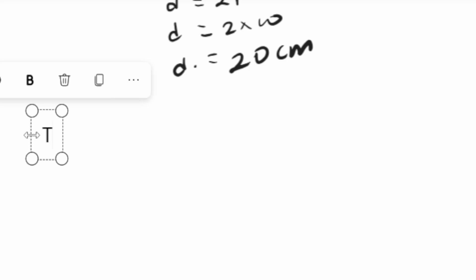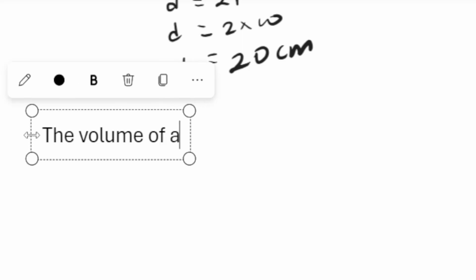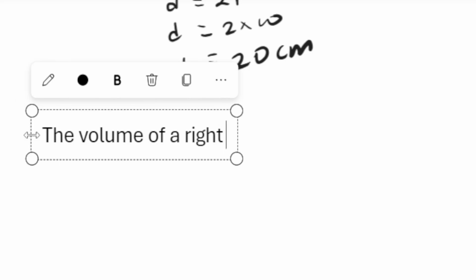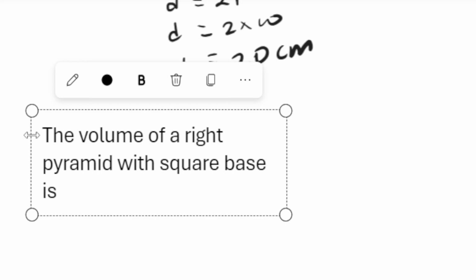It says that the volume of a right pyramid with square base is 384 feet cubed. Find the dimension of the base.